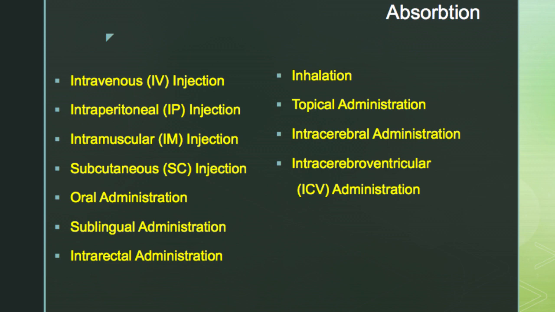Inhalation, administration of vaporous substances into the lungs. Topical administration, administered right on top of the skin or the mucous membrane. Intracerebral administration, a substance that's entered directly into the brain. Intracerebroventricular administration, or ICV, administration of substance into one of the cerebral ventricles.